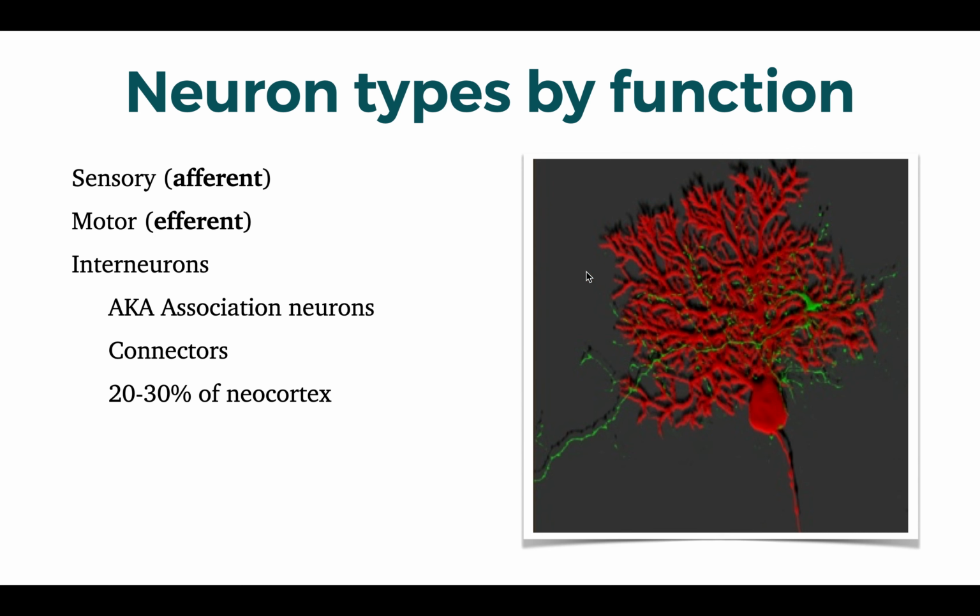You'll see a drawing of a Purkinje cell in just a minute. These Purkinje cells are massive, with massive amounts of branches. And this green here, all interlaced, that's an interneuron. It's probably helping this Purkinje cell communicate with other areas of the brain.